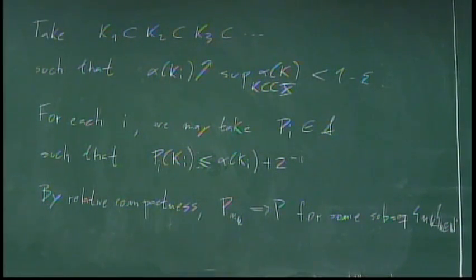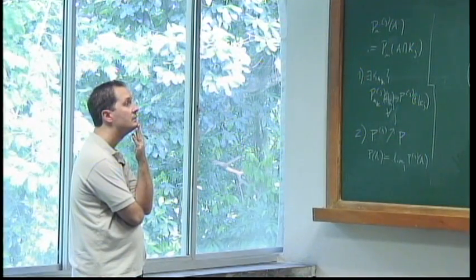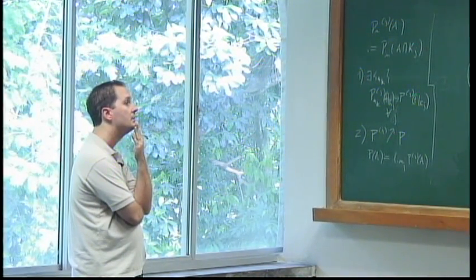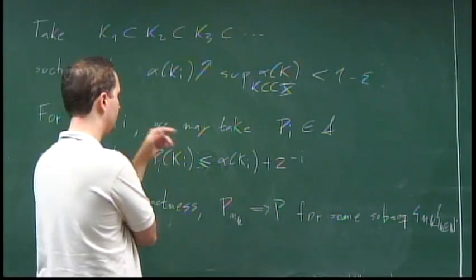Okay, you have S that's not tight, so P_i, K_i. No, but P_j, K_i, that's going to be larger than this.